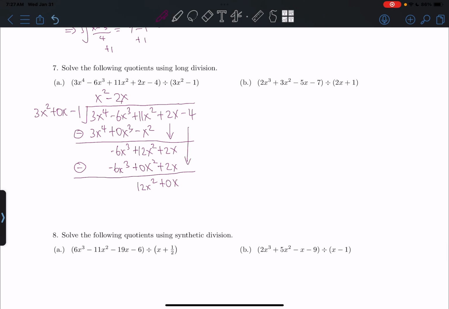And then drag down the negative 4. So it looks like I need 4. I have 12x squared plus 0x minus 4. Looks like the remainder is 0. And my answer is just up here. Yeah, I can just highlight this. Okay, well, not too bad of a problem for long division.